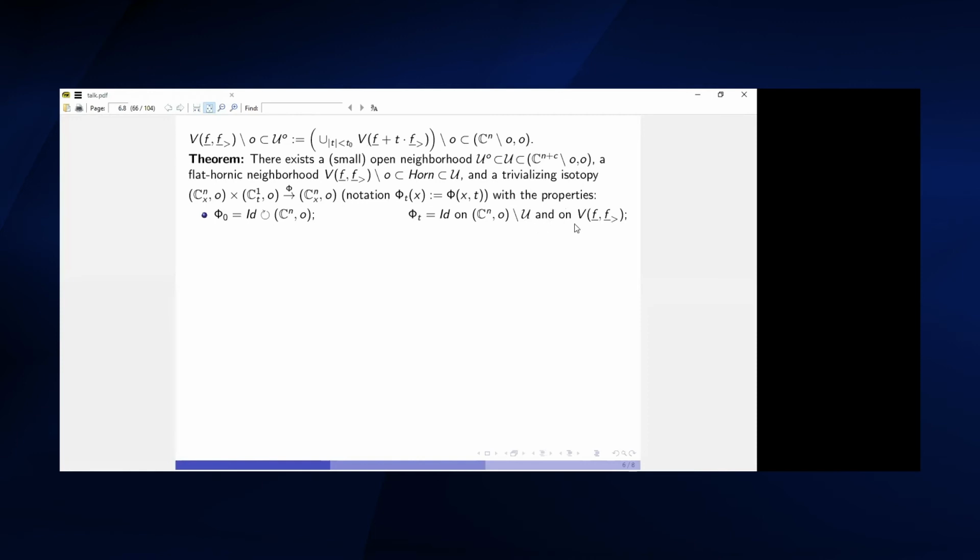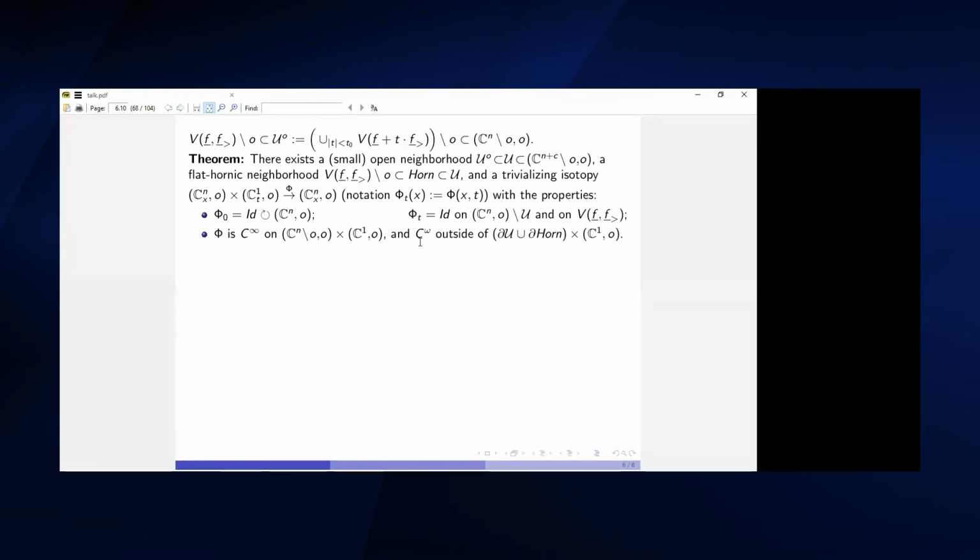And the identity also on the base locus. Now phi is C infinity outside of the origin. The origin is always a dangerous point and it will be treated below.